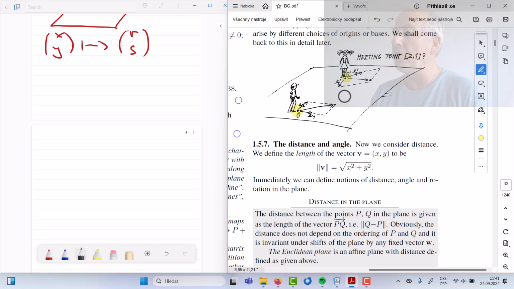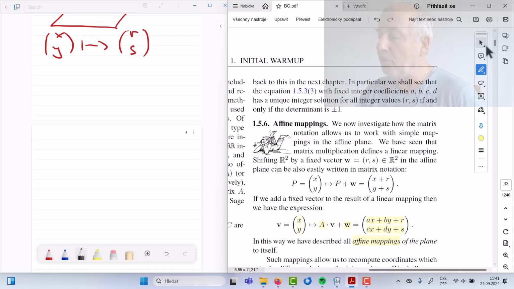So if the girl just says let's meet at the point 2, 1, of course for the boy it's not that easy to see which point in the plane it is, but if he knows about his O and her O dash and his E's and his dashed E's, then he can very easily compute the relevant mapping which transforms his coordinates into hers, and that's also given by the matrix calculus.